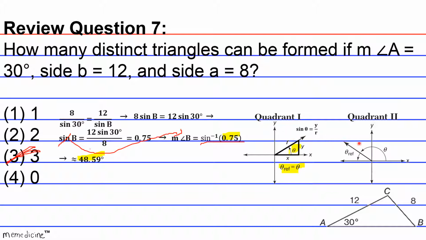So this is just a really long aside to explain why there are two possible values that have a positive sine value, and it's based on the right triangle concept using the Cartesian coordinate plane, okay? So here goes our theta reference, which would be 48.59.